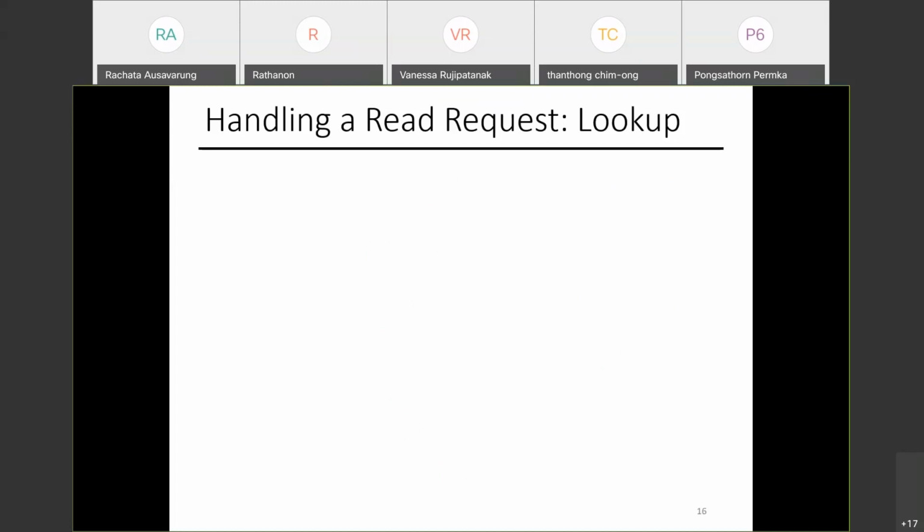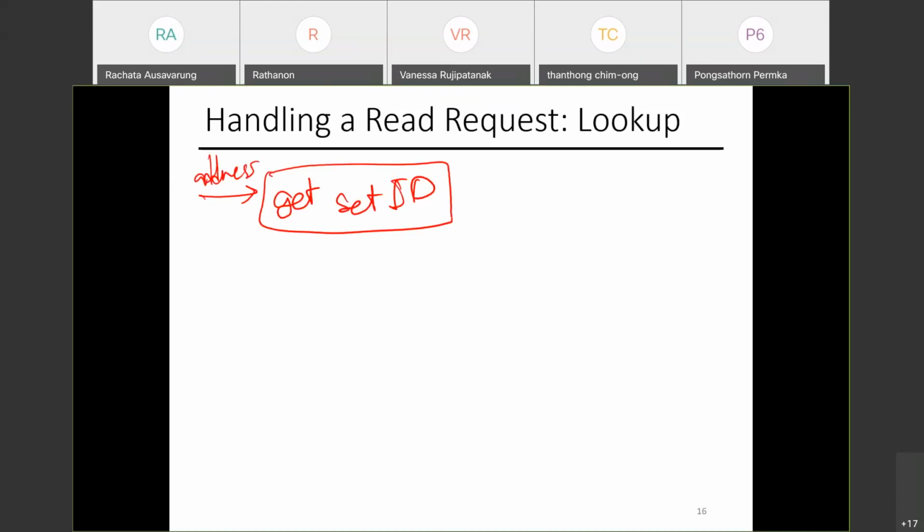So there are three functions that you need to do. First, set ID: you have the address coming in, and what comes out is the set ID. Any questions about this function? You take a 4-byte address and extract the set ID.